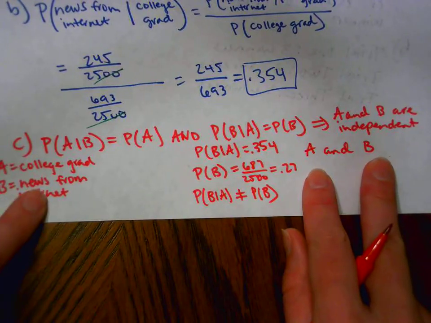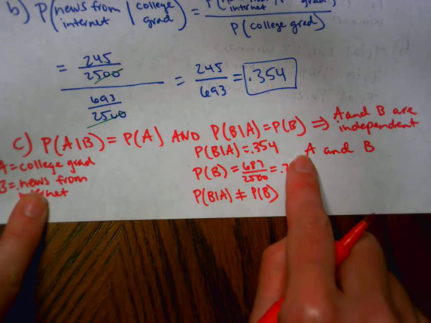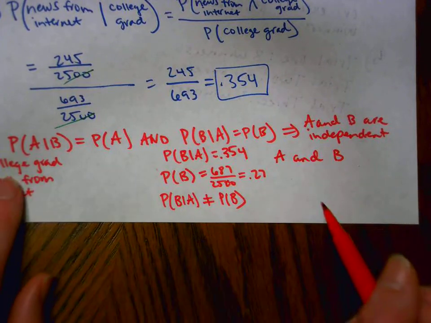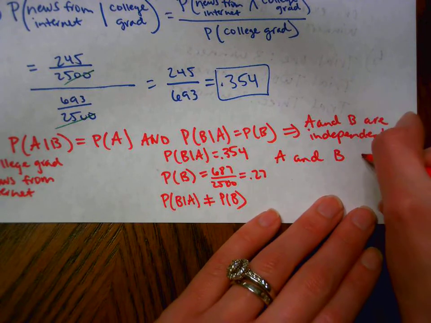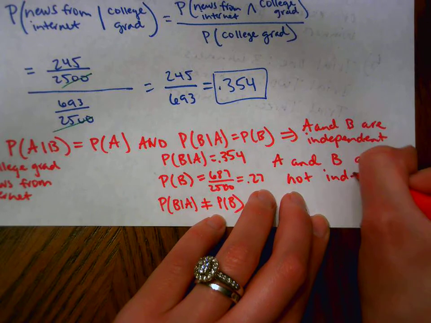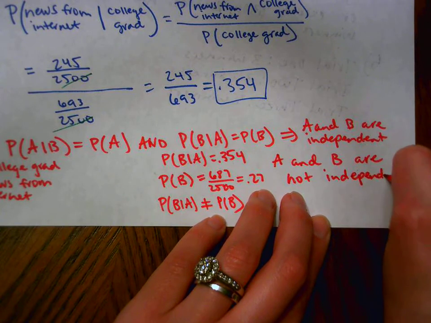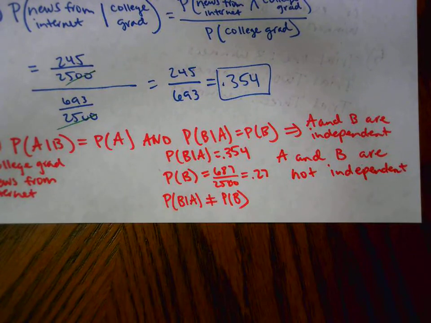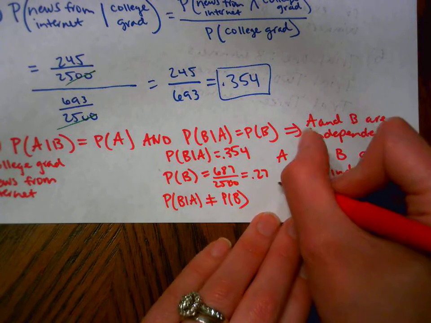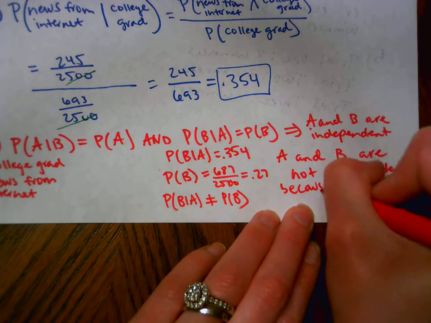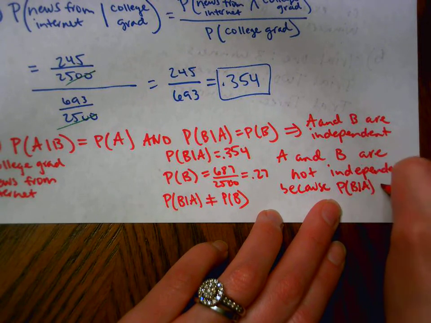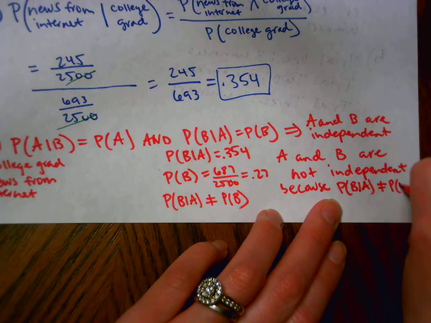If I didn't define them over here, you would need to write out college grad and news from the internet, but I'm running low on room, so that's why I defined them. A and B are not independent. And you should be able to just leave it like that, but if you have the time or space, you can say because the probability of B given A did not equal the probability of B.